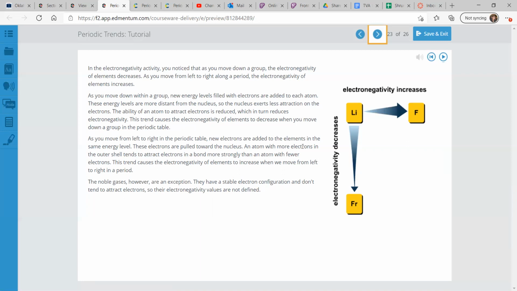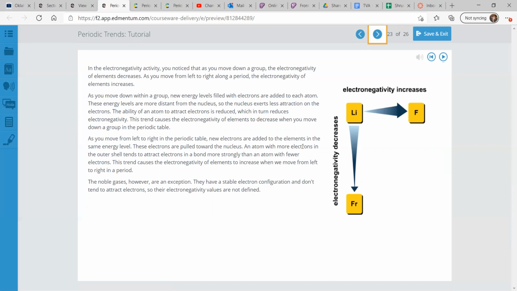Going from left to right in the periodic table, new electrons are added to the elements in the same energy level. These electrons are pulled toward the nucleus. An atom with more electrons in the outer shell tends to attract electrons in a bond more strongly than an atom with fewer electrons.